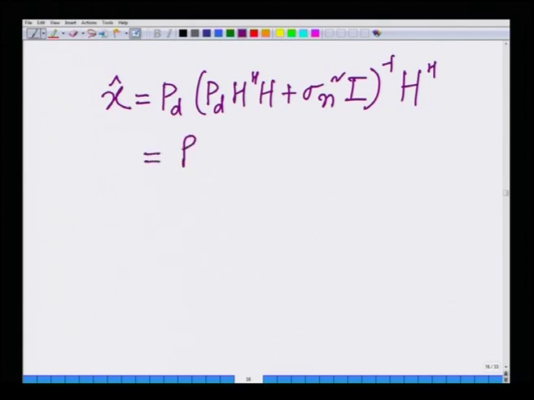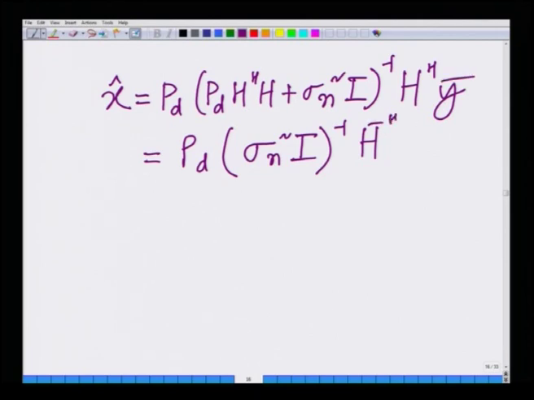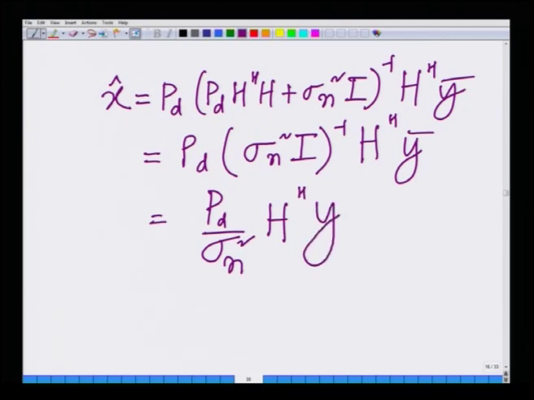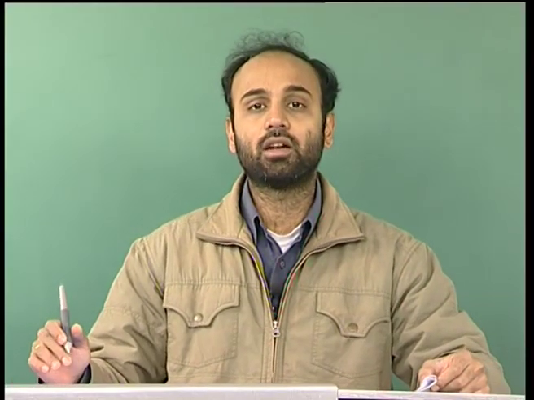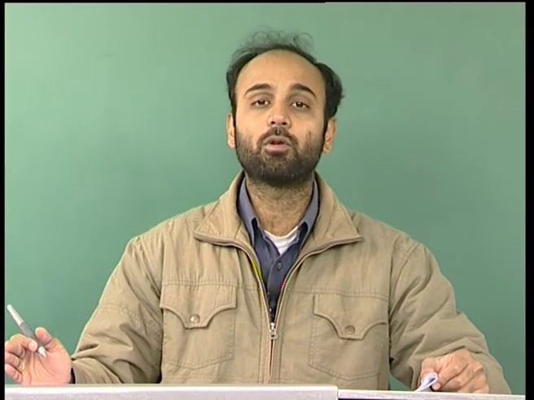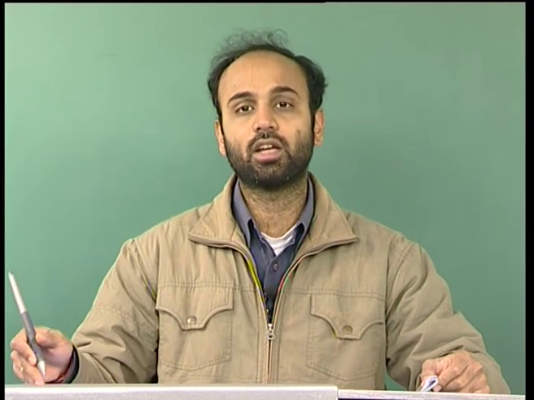Hence, this results in P_D into sigma n squared I inverse into h Hermitian y bar, which is nothing but P_D over sigma n squared into h Hermitian y bar, since I inverse is I. If you remember, this looks similar to the MRC that we had for a single input multiple receive case, where the received x is nothing but h Hermitian y.